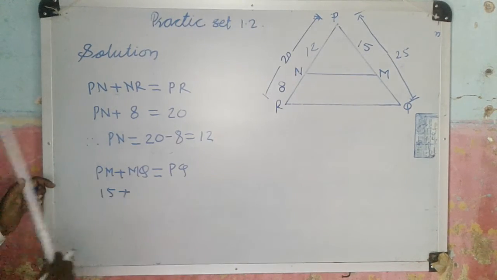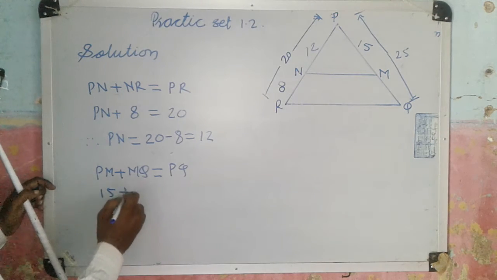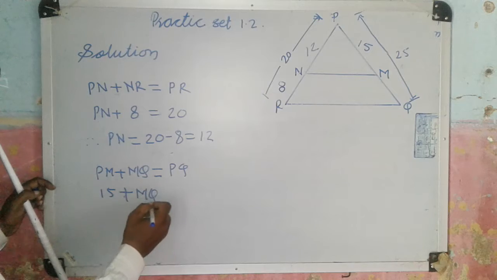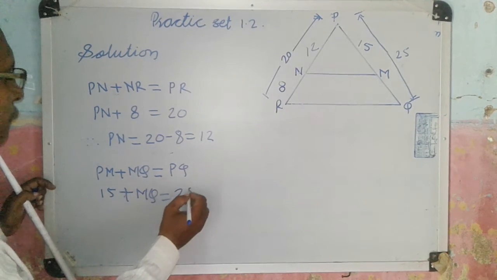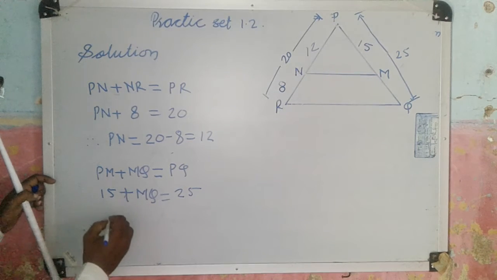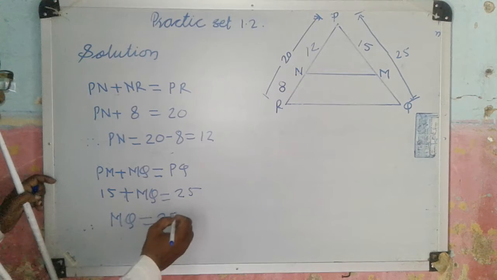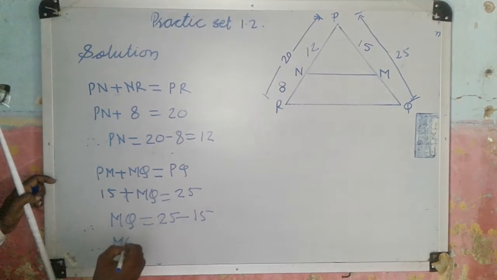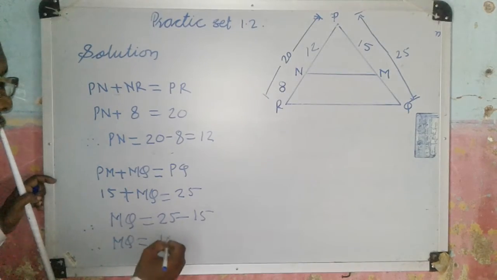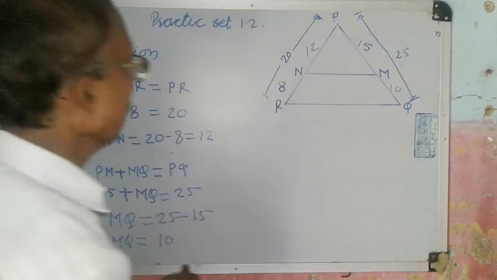MQ I have to find. And total length PQ is given 25. Therefore, MQ is equal to 25 minus 15, 10. So here we get 10.